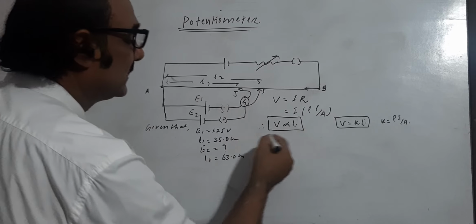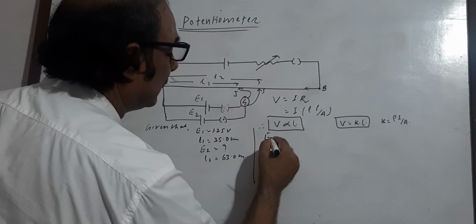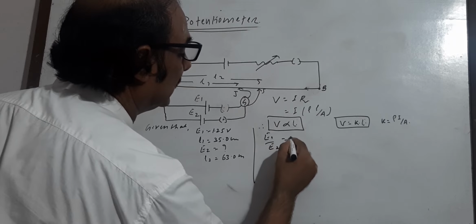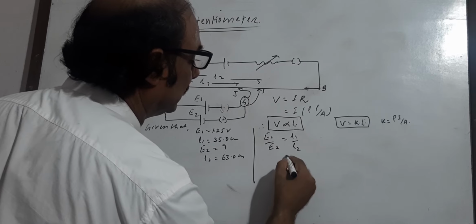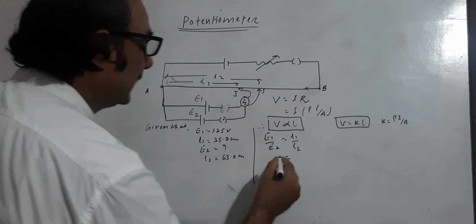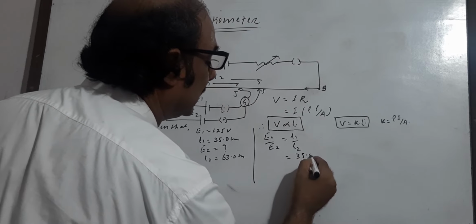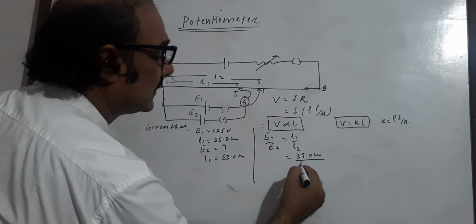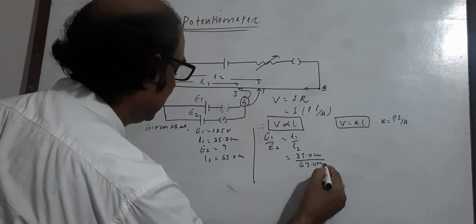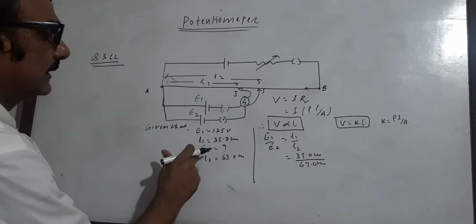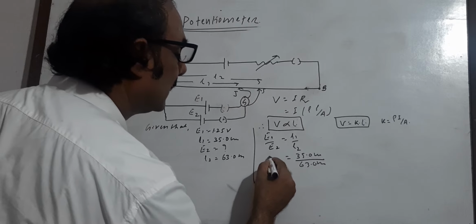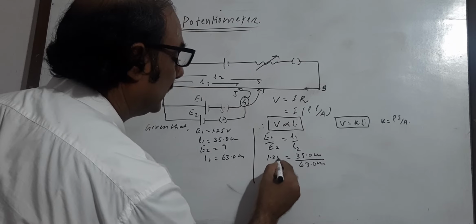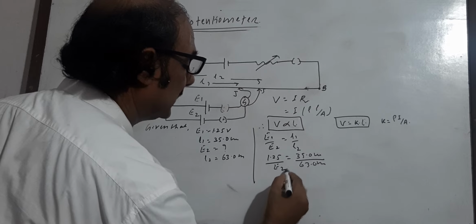So, very simple: E1 by E2 equals L1 by L2. First balancing length L1 is 35.0 centimeter, second balancing length is 63.0 centimeter, E1 is 1.25, and this one is E2.